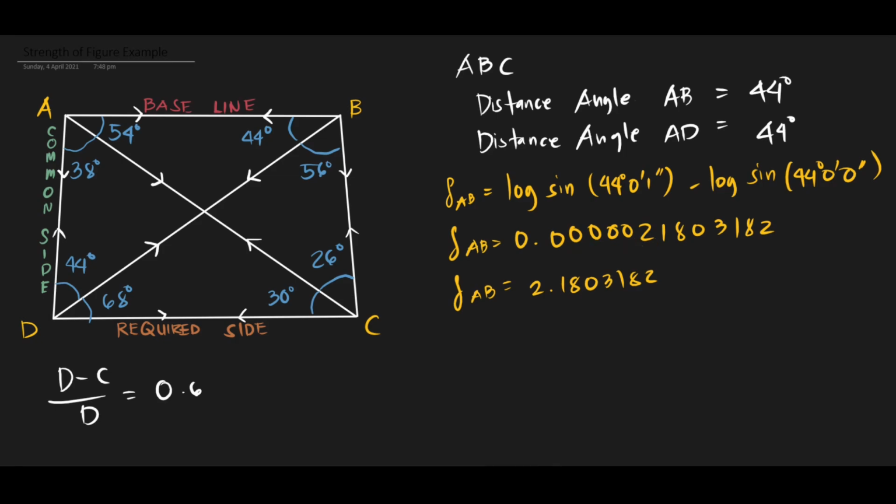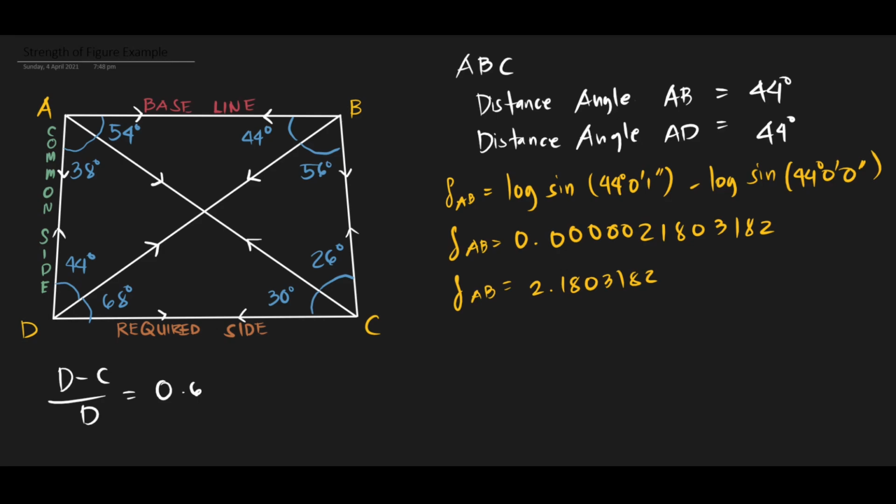Now you might be asking, why do we have to use this log sine? So it turns out historically they used log sine in the field. So this was before calculators were even invented. And then they used tables. Now it is easier to use addition and subtraction instead of multiplication and division when you're doing things manually. So they used this log sine.